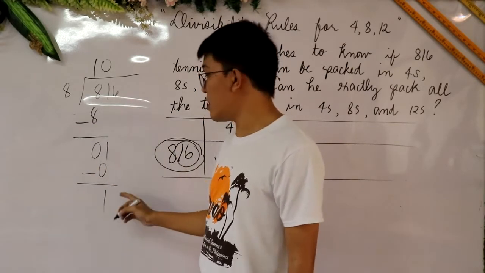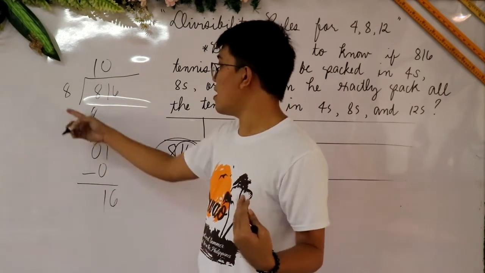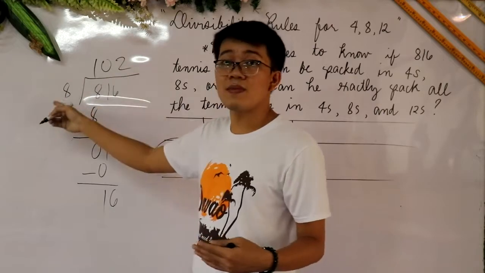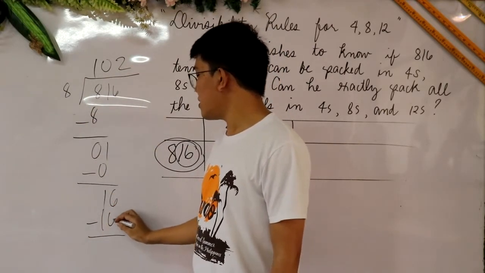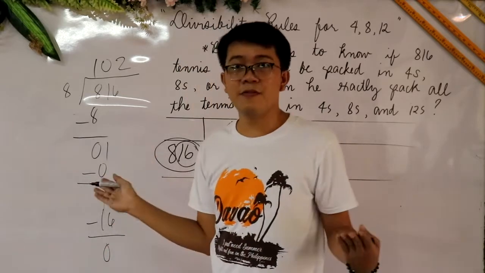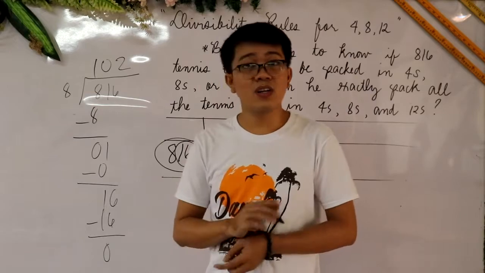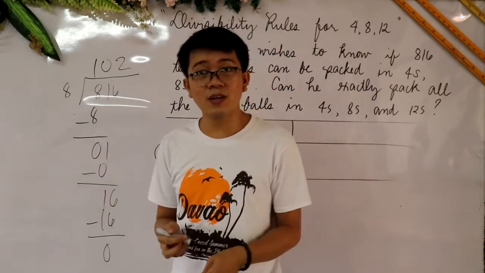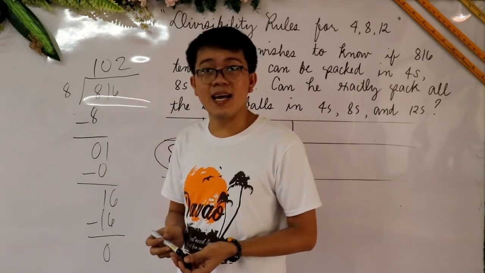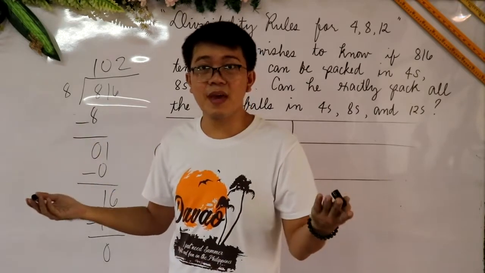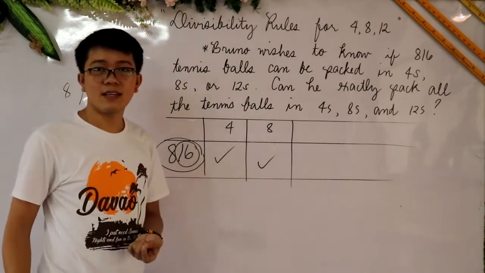Bring down another digit. 6 is the last digit. So 16. 16 divided by 8, 2. 2 times 8, exactly, it's 16. 16 minus 16, 0. Do you have any digit to bring down? No more. Is there any remainder? None. So it makes our dividend exactly divided by 8 without remainder, so we say that it's divisible by 8.